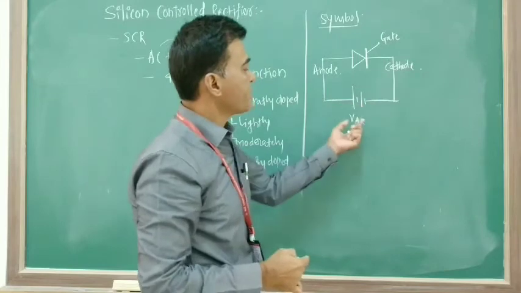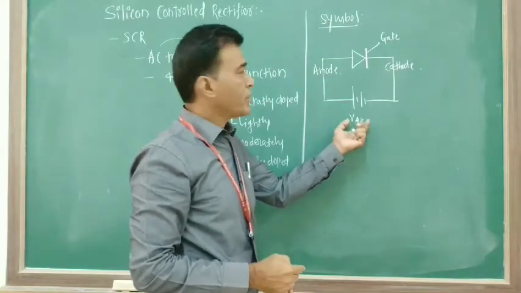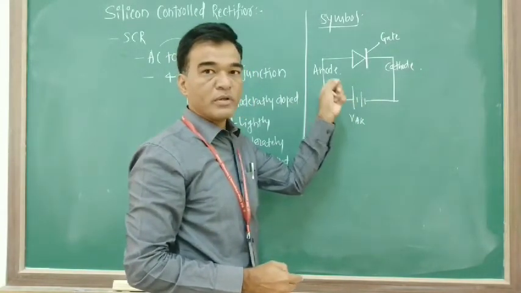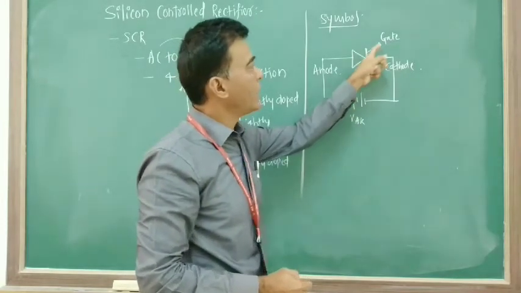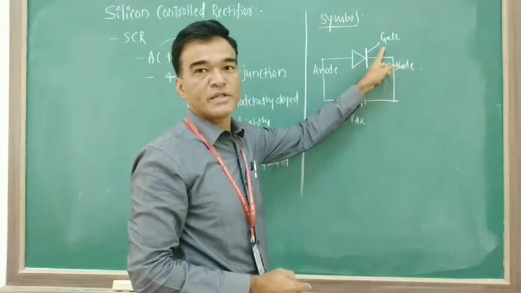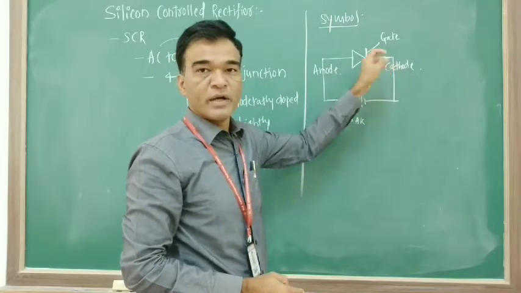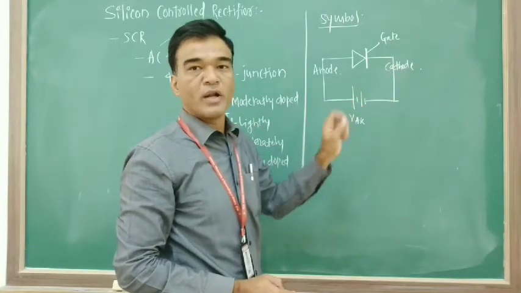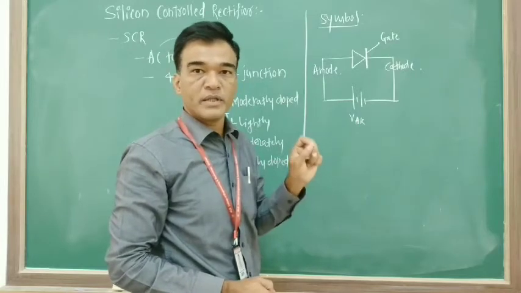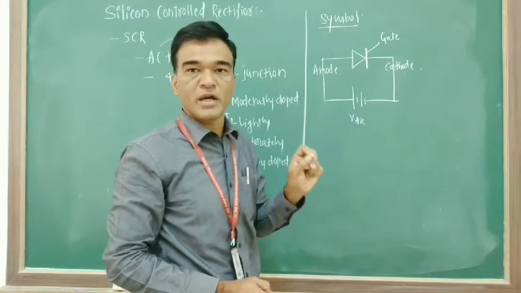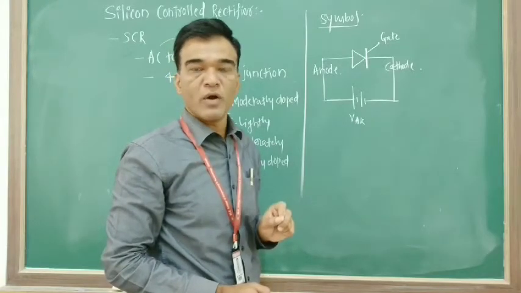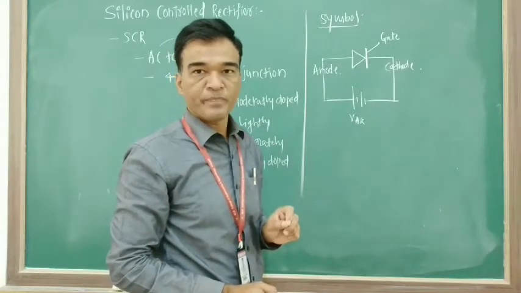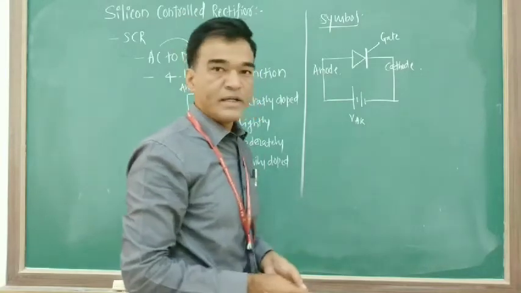But here, when I apply the positive voltage between anode and cathode, this SCR won't start conducting unless I apply a positive voltage at the gate. Therefore the gate is known as the control terminal. The switching of the thyristor is controlled by using the gate terminal, hence the gate is called the control terminal of a thyristor. Let us see its working.